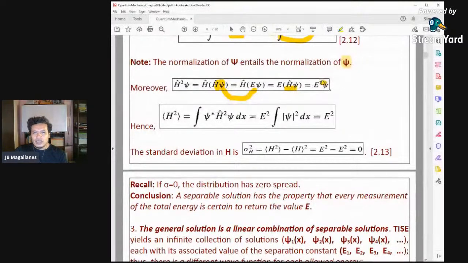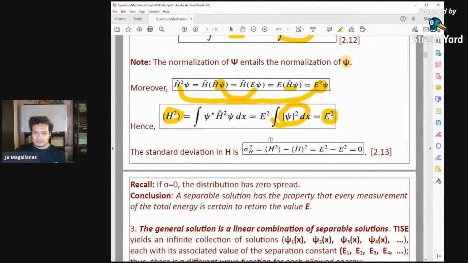So it will give you E squared phi. If you get the expectation value of H squared, you put H hat squared in between, and this is E squared times the integral of the modulus of phi squared dx. This is just E squared, because the integral is equal to 1.